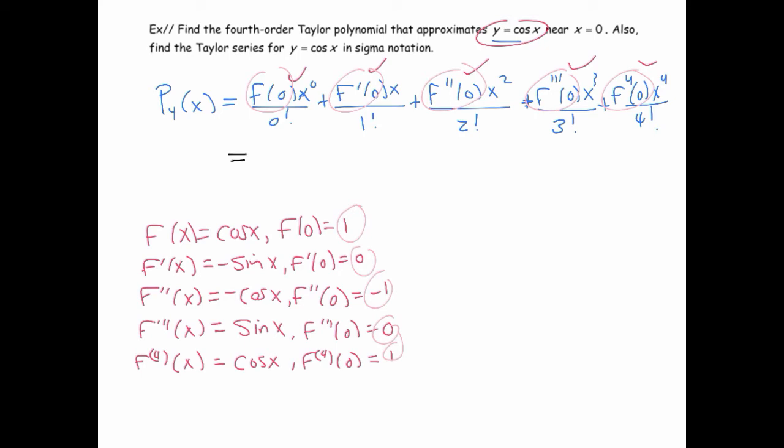So we get f of 0 is 1, so it's just 1, x to the 0 divided by 0 factorial. F prime of 0 is just a 0, so that goes away. I'm just going to write it in for now. We'll write everything in now. F double prime of 0 is negative 1. F triple prime of 0 is 0.